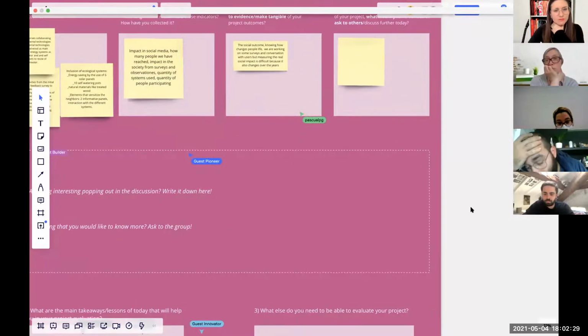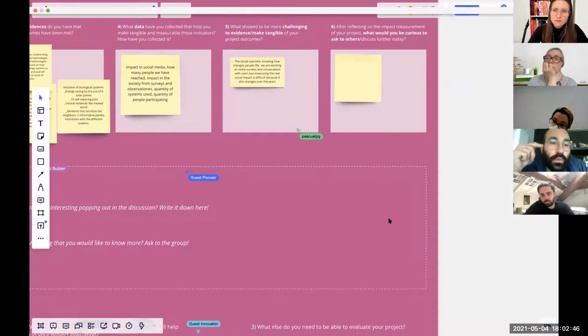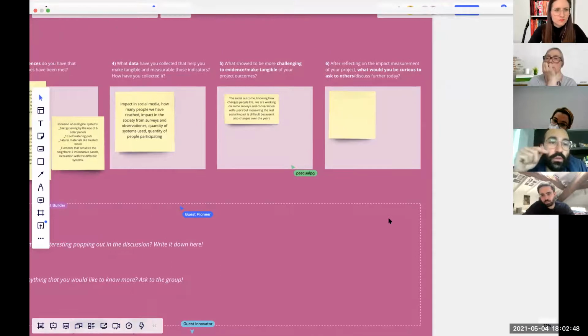Yeah, about this, maybe also regarding this idea of trying to have more data after the project, I guess the idea behind it is to compare with the results that we get when we finish the project.